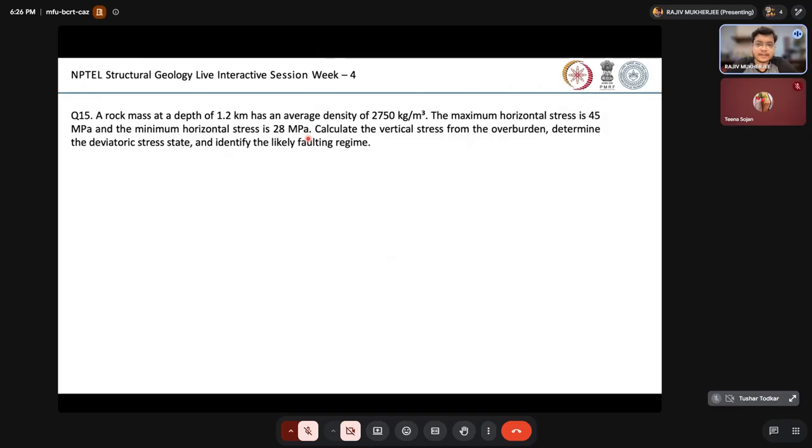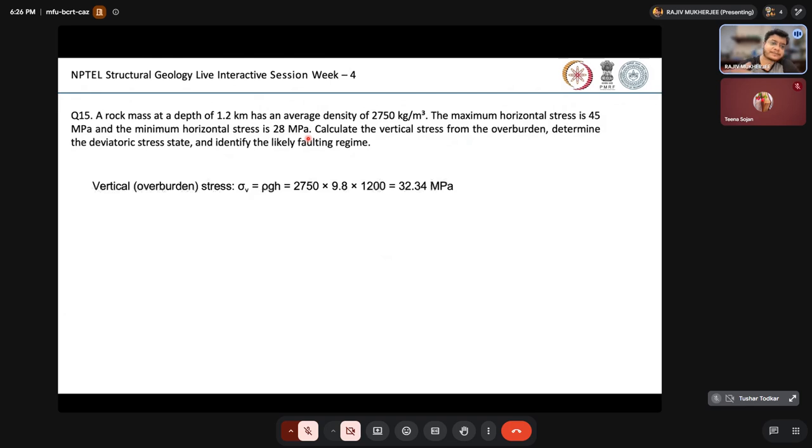So we have to calculate first the vertical stress and the deviatoric stress, and based on the relation between the vertical stress and the deviatoric stress, which kind of Anderson's fault theory it would generally go with, right?